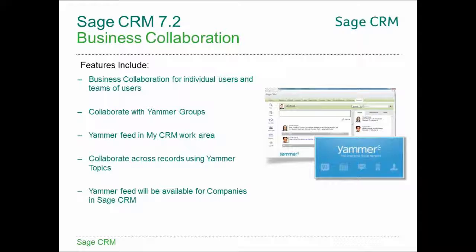So we've used the Yammer product to embed that collaboration capability directly into Sage CRM. It enables a business to carry on an internal social network and collaboration tool so you can discover conversations, share ideas, and collaborate in real time around things such as opportunities, leads, support cases, etc.